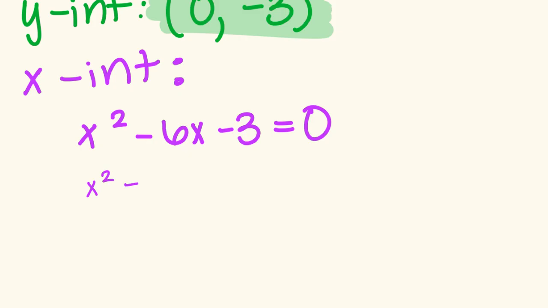x squared minus 6x plus blank equals a positive 3 plus blank. Again, I'm doing completing the square. If you want to use quadratic formula, please go ahead and use quadratic formula.